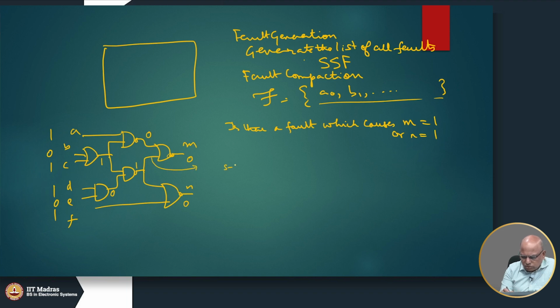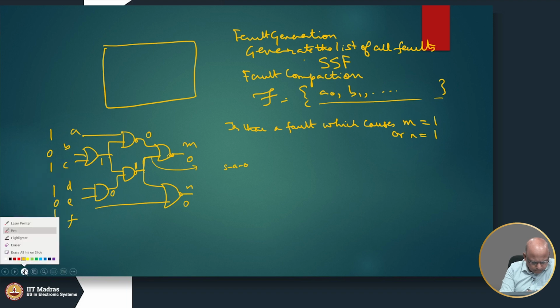So, stuck at 0 here will cause it, so that fault is caught. For this to become 0, if this becomes 0, that fault also will get caught. So, stuck at 0 on this wire and stuck at 0 on this wire will get caught.